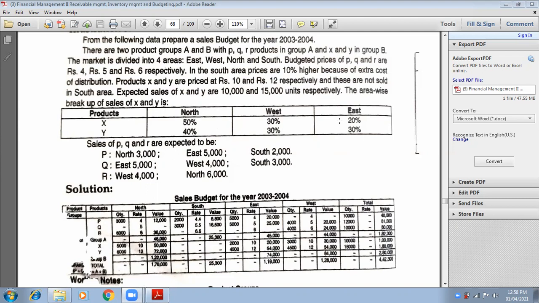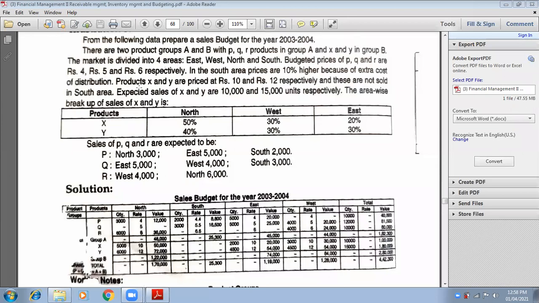And what will be the price? Rate. Price means rate. What is the price of product X? Come on, tell me. Same, no, 10 rupees.